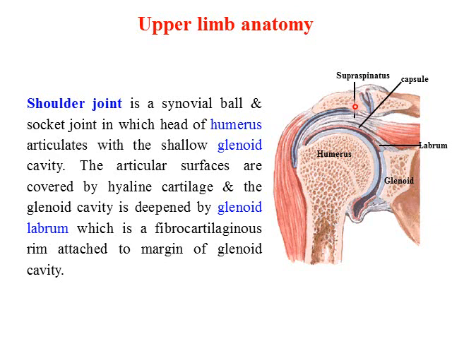Shoulder joint. It is a ball and socket synovial joint in which the upper rounded end of the humerus articulates with the glenoid cavity.